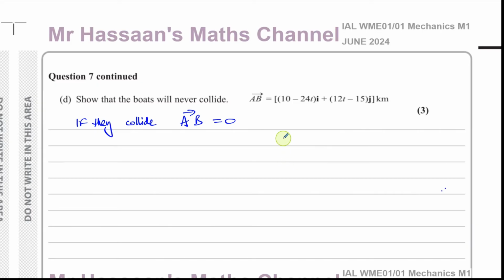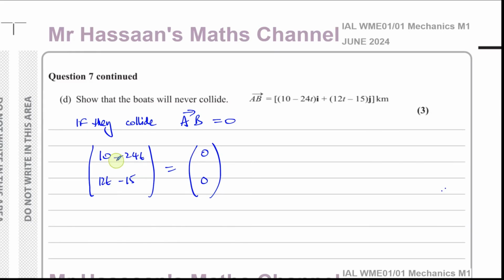If they collide, the vector A to B has to be 0. So that means your 10 minus 24t i and your 12t minus 15 j has to be equal to 0, 0.